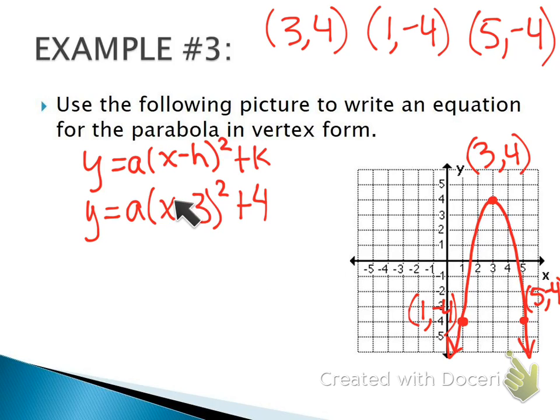We are going to have to plug in x and y and solve for A. Okay, so once you plug in h and k, we have to plug in x and y to solve for A. If you need to write yourself a little note, that might be a good idea.